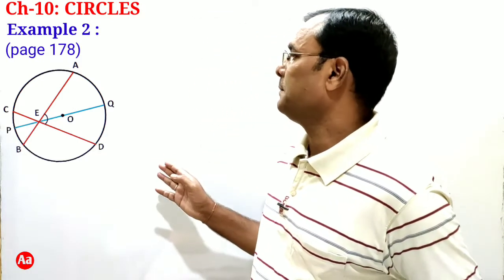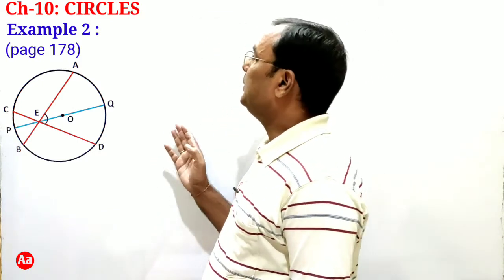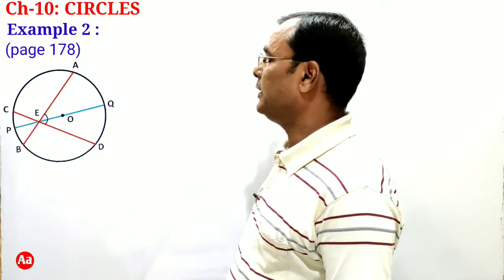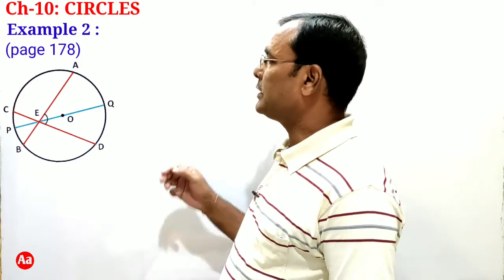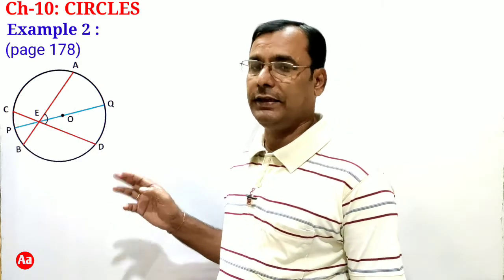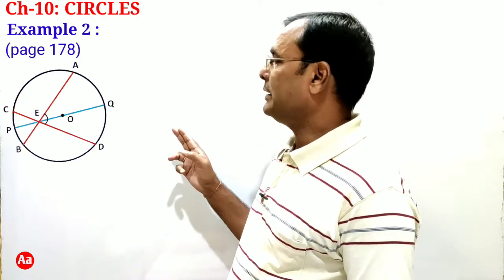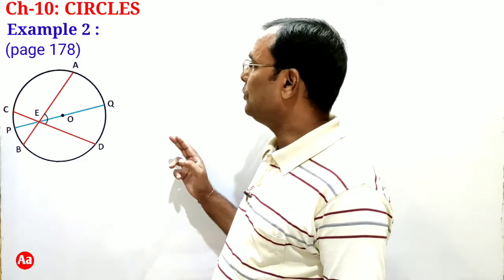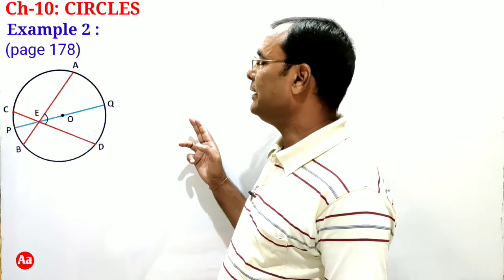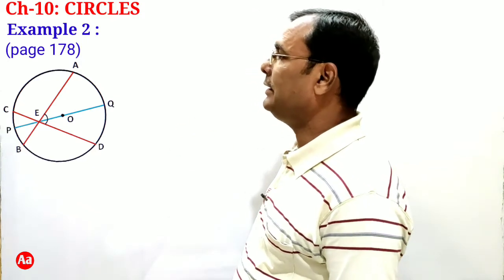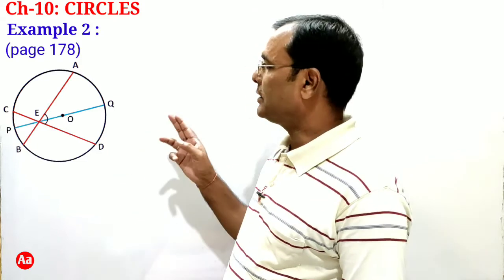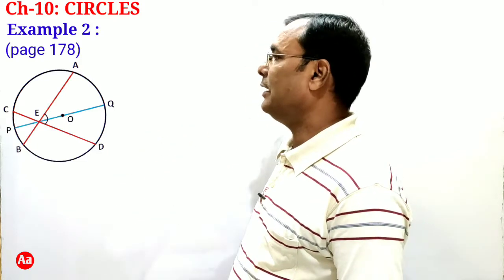In this figure, AB and CD are two chords intersecting at point E. PQ is diameter through point of intersection E. Chords AB and CD make equal angles with the diameter PQ, that means angles AEQ and DEQ are equal. We have to prove that chords AB and CD are equal.